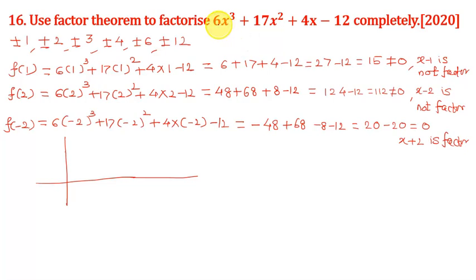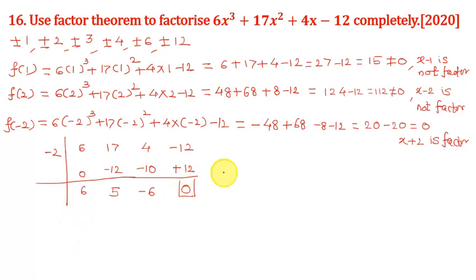When the polynomial is in decreasing powers of x: first 6, next 17, 4, minus 12, and here minus 2. 6 plus 0 is 6, 6 into minus 2, minus 12, 5, 5 into minus 2, minus 10, minus 10 plus 4, minus 6, and here is plus 12, and that equals 0.